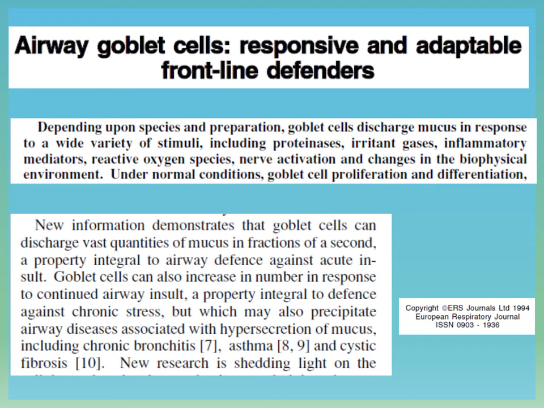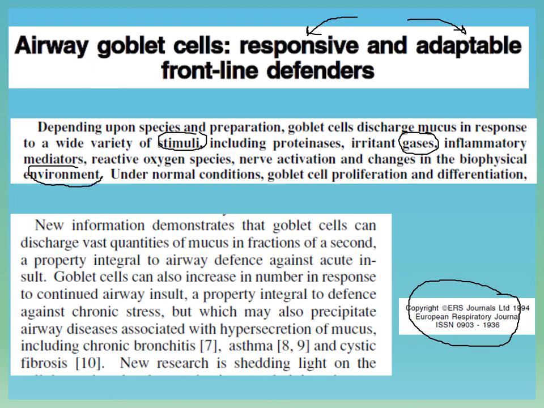So here's where I came up against another respiratory journal. Basically, this was entitled Responsive and Adaptable Frontline Defenders. So, depending upon species and preparation, goblet cells discharge mucus in response to a wide variety of stimuli, including irritant gases, inflammatory mediators, and the environment.